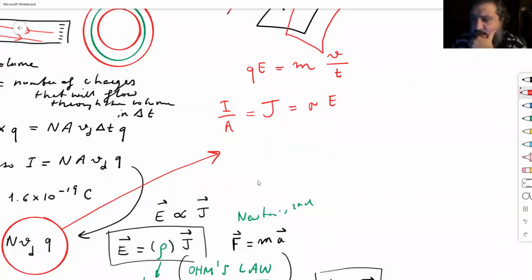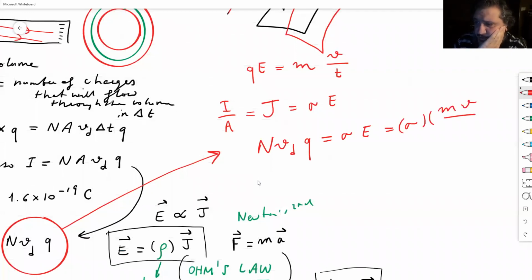Instead of J, I'm going to write N times drift velocity V_D times Q. That is equal to sigma times E, and I'm going to replace E with M V over QT. So I take this now.